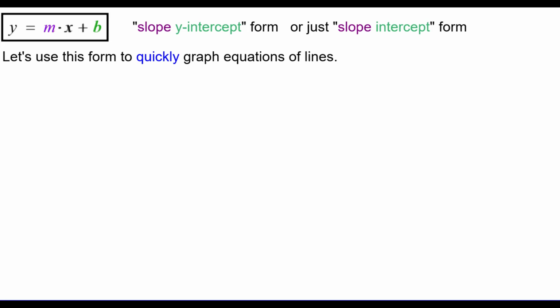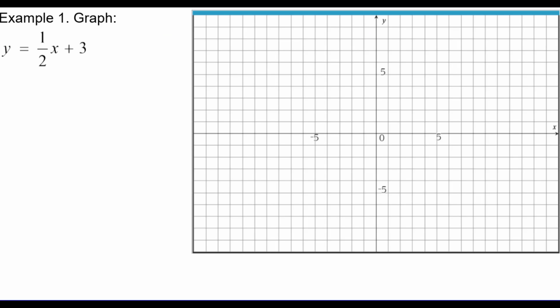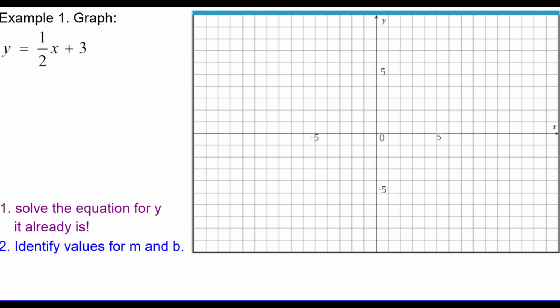Let's use this form to quickly graph equations of lines. Quickly. Example 1. Let's graph y equals 1/2 x plus 3 using this slope y-intercept form. First, we need to solve the equation for y, but it already is.